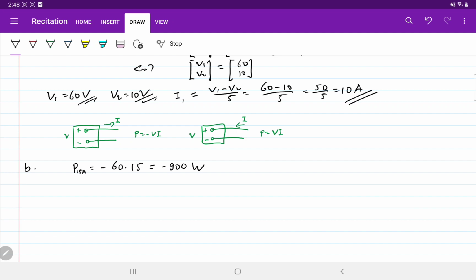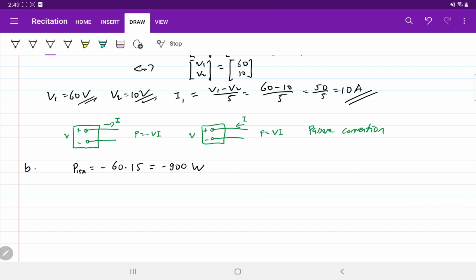Okay, so this convention is the passive convention. Passive means it assumes that we are consuming power.